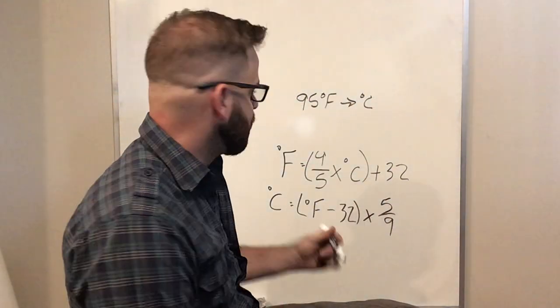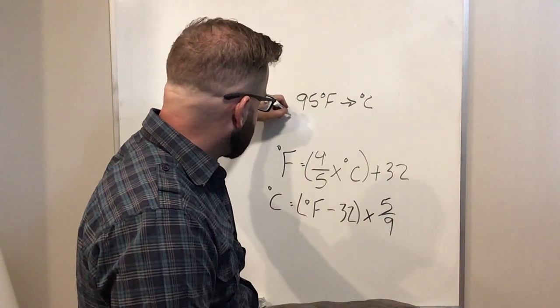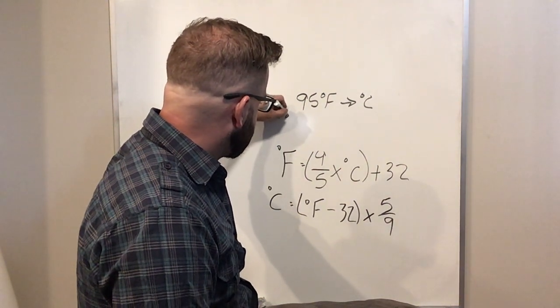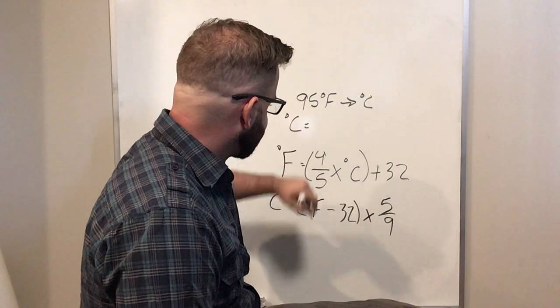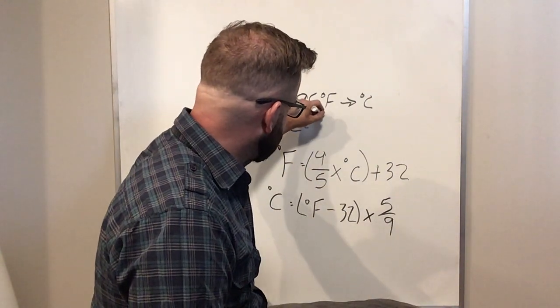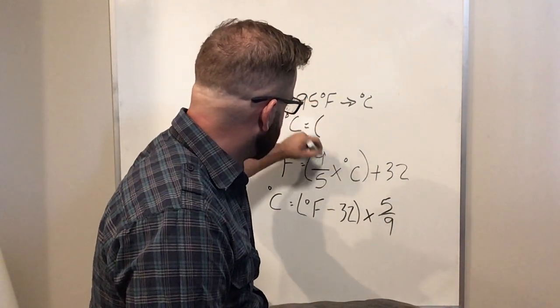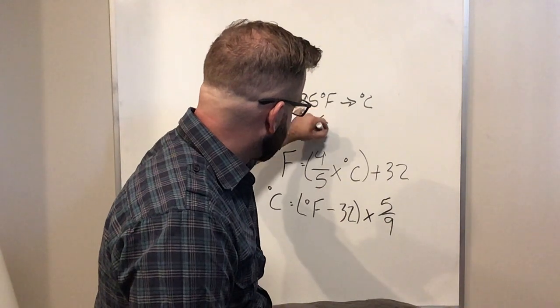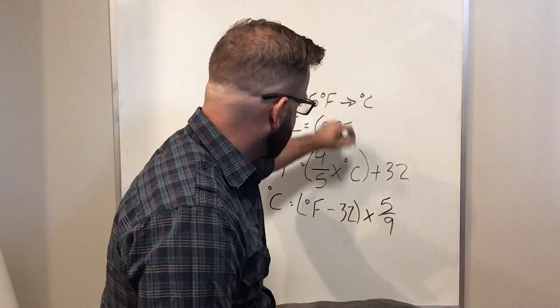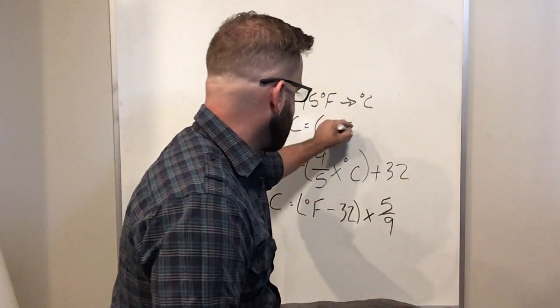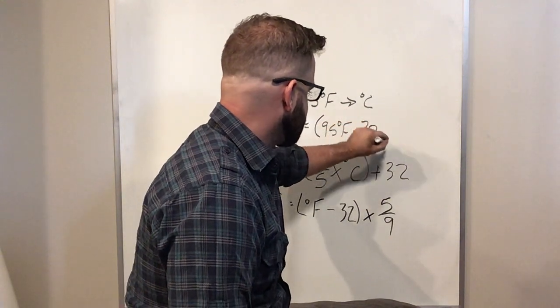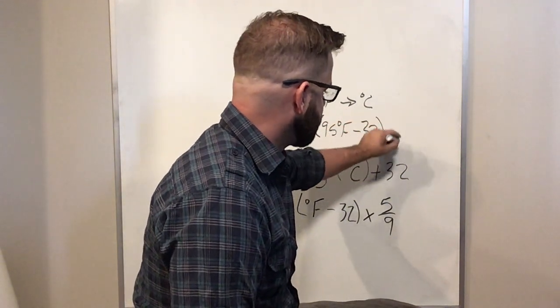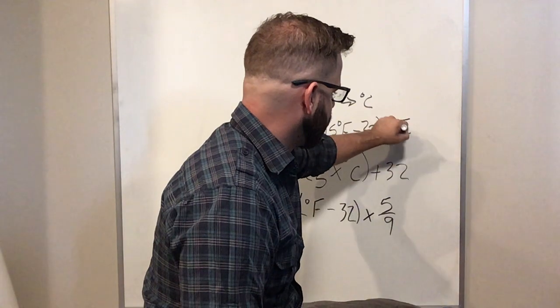Now we're going to go the opposite direction. So we're trying to find degrees Celsius, and we would put in 95 degrees Fahrenheit, and we want to subtract 32 from that, and then multiply it by 5 over 9.